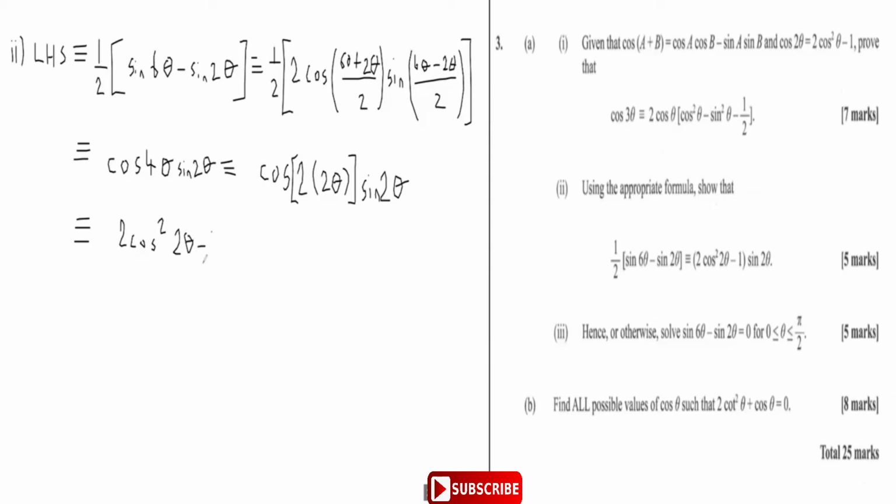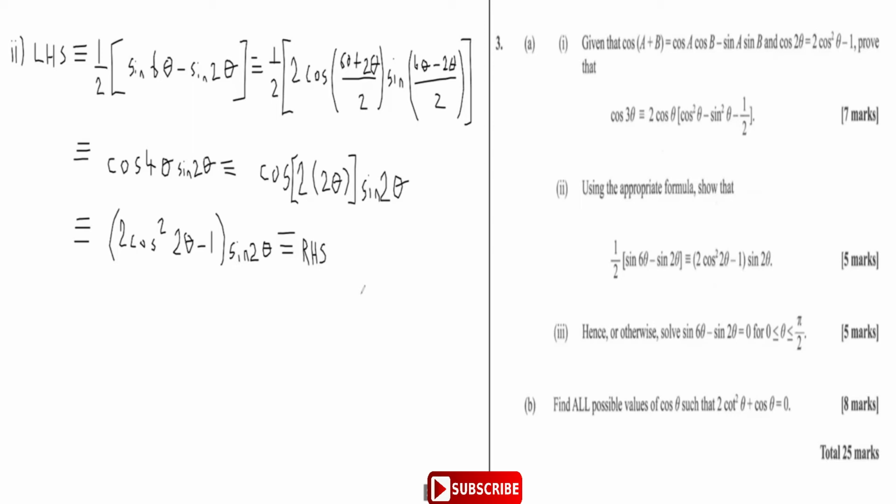And all of this is, of course, multiplied by sine 2 theta, which is equivalent to your right hand side. Nice and easy. All right. And so that takes care of part 2.